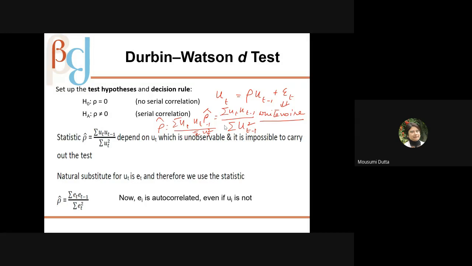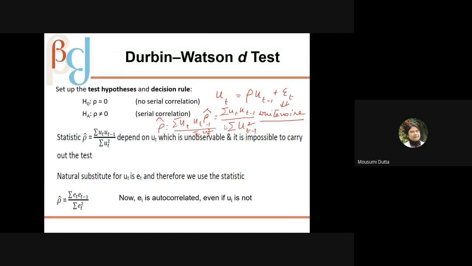From the very beginning, when we tried to measure the parameters of the model, we could not use u because of the same reason. u is not observable, so we went for some sort of estimator of u, which we call the residual.